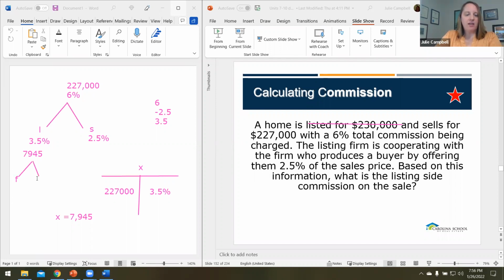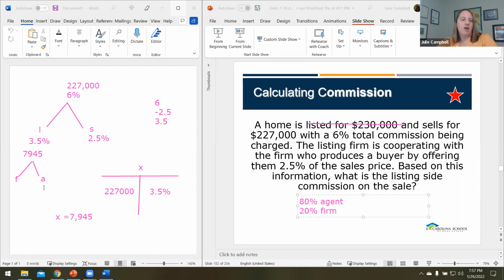So if the problem went on and gave us the information, we would have to know how the 7,945 is split between the firm and the agent. So for example, let's say the agent is on an 80% compensation split, the listing agent, just for example. If the agent's getting 80%, that means the firm's getting 20%, yes?